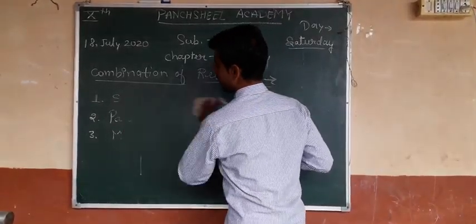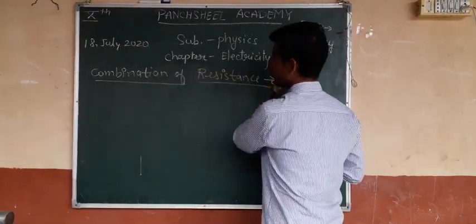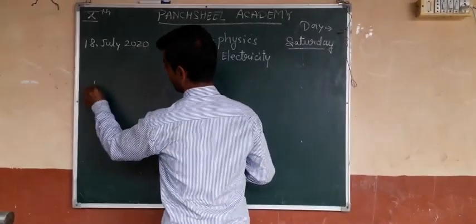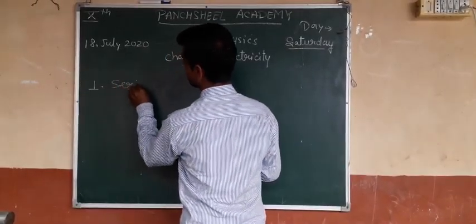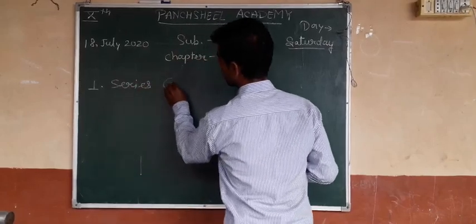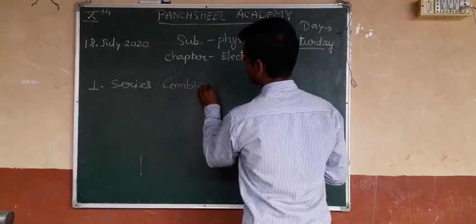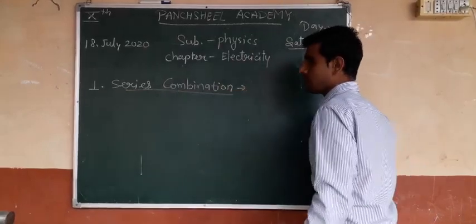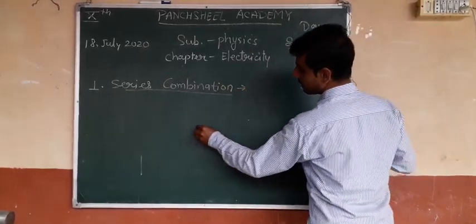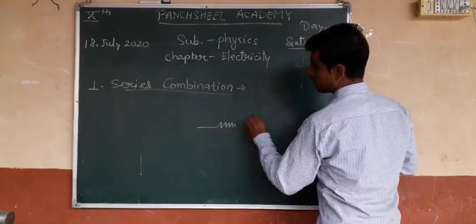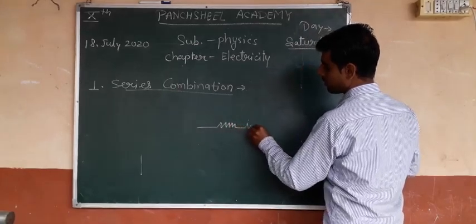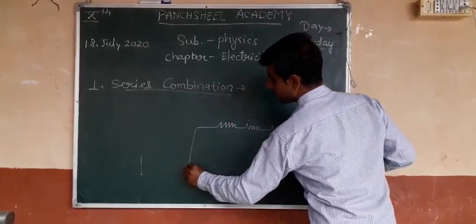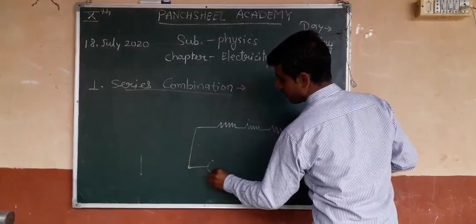First is the series combination, and what are the conditions for a series combination. So I take the series combination first. Write the circuit. This is the electrical circuit.